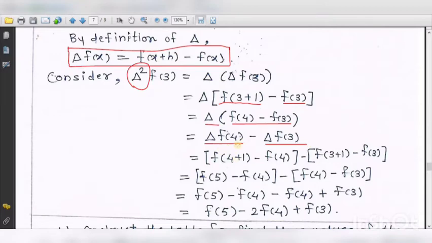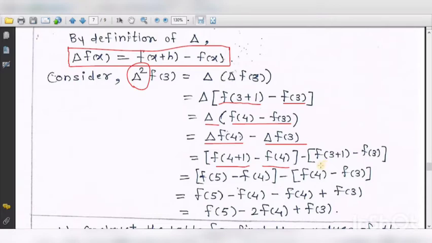So here x equals 4 now, and h is already given as 1. Substituting x equals 4 in this formula, what we get? F of x plus h means f of 4 plus 1, minus f of x means f of 4. This is the value of delta f of 4.